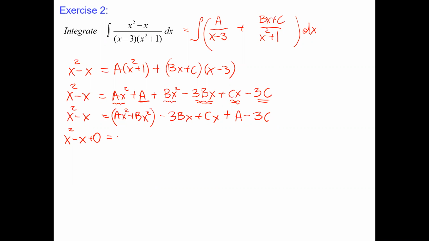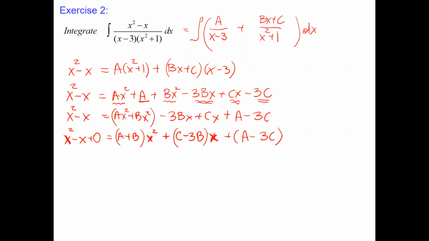Now, factoring out x squared, we have A plus B, the coefficient of x squared, plus C minus 3B. I will factor out x: positive C, negative 3B, and I will keep A minus 3C. Now we can compare coefficients.